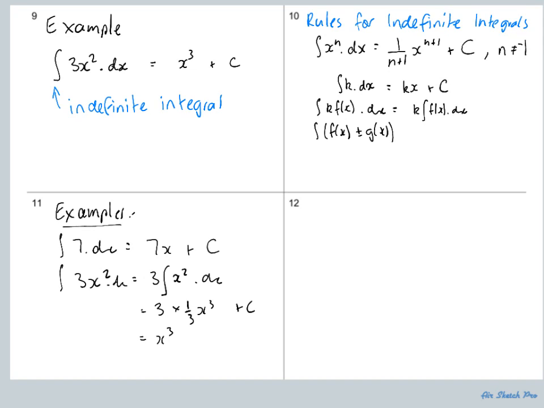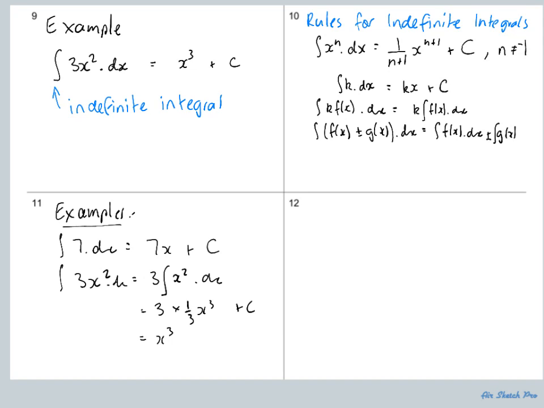It just naturally expands, because g of x could be equal to k of x plus l of x, so it could go on forever. But when we find the integral of parts like so, we find the integral of each part with respect to x, and that's a pretty important one. And I haven't put the plus c at the end there because we haven't established what that integral would be, so there's no need to.